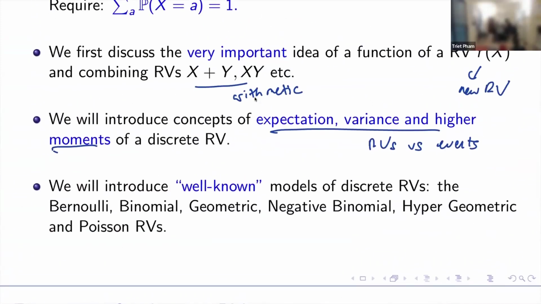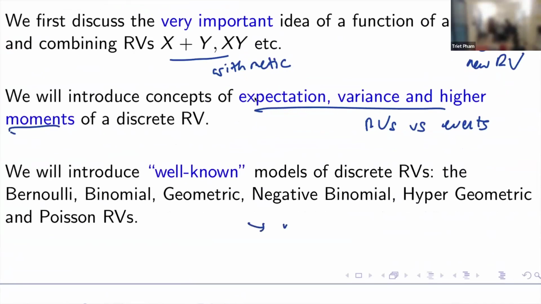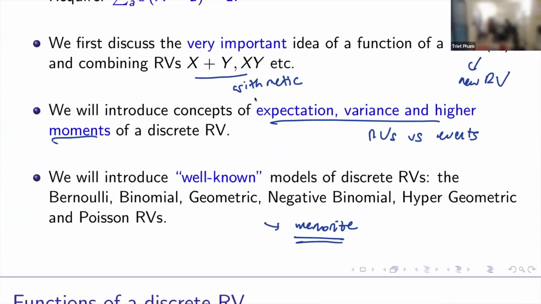I guess I would put it down there, but you must memorize, literally memorize, the mass function, the mean, and the variance of all these random variables, with possibly the exception of something like the hypergeometric here.